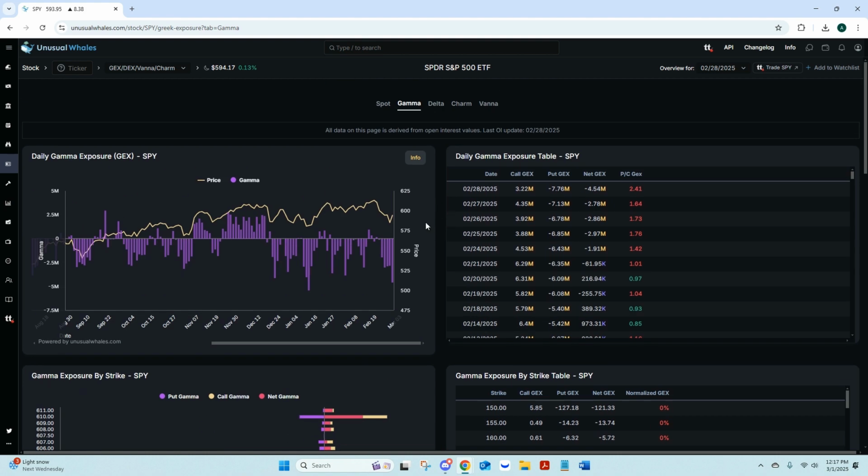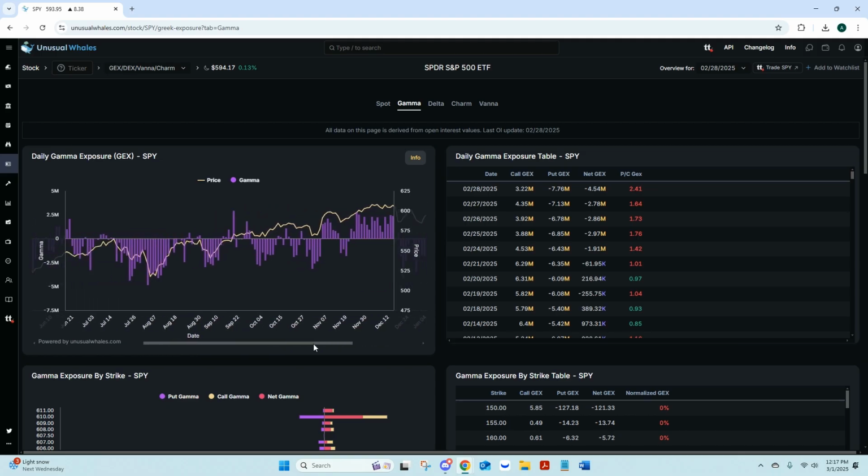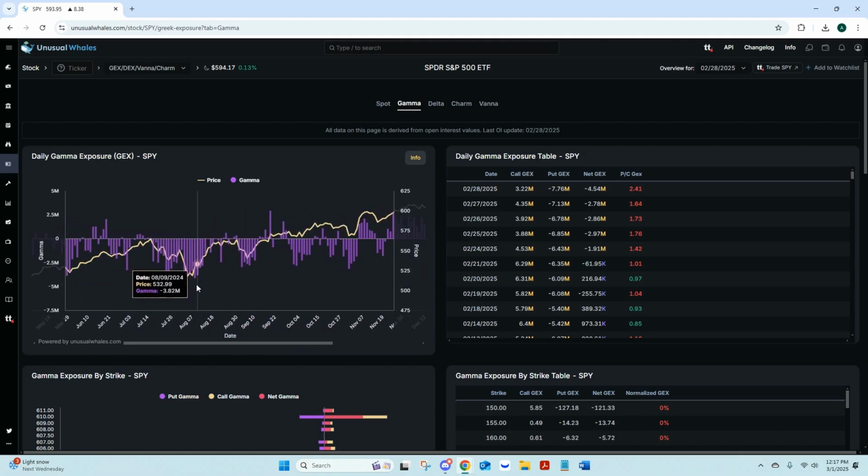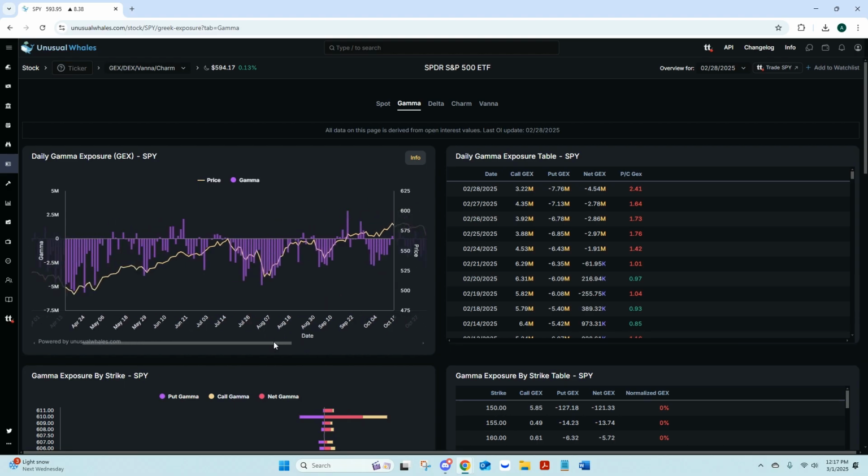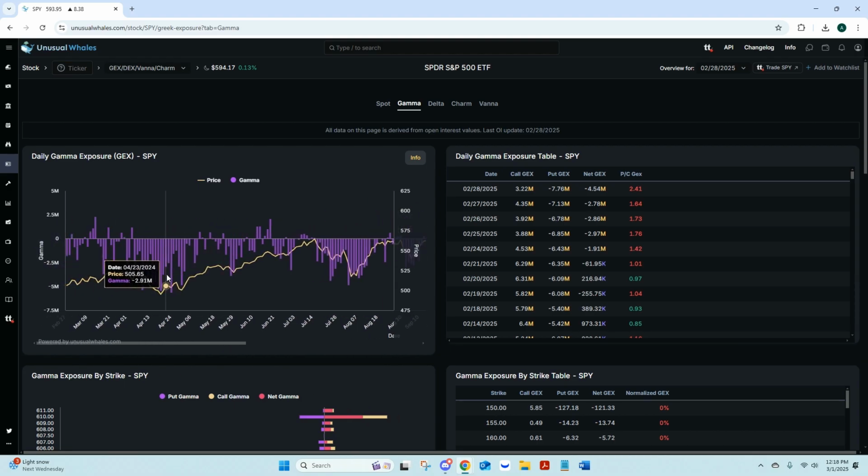So when you look at this, it's always important to look at historical data. We're obviously at minus 4.5 million. Now historically, moving back here, you don't see it get that much lower, and I want to point that out too. We'll come back to Discord here, but you don't primarily see it get much lower than this.